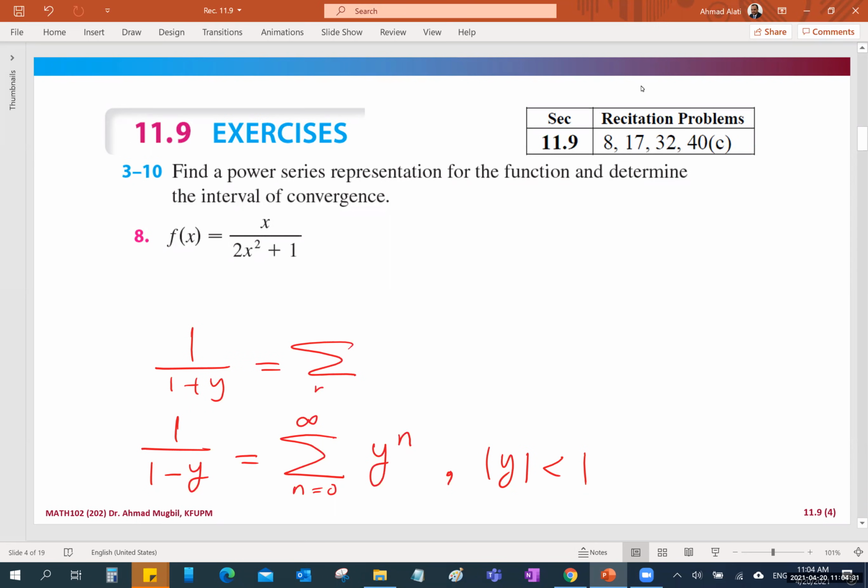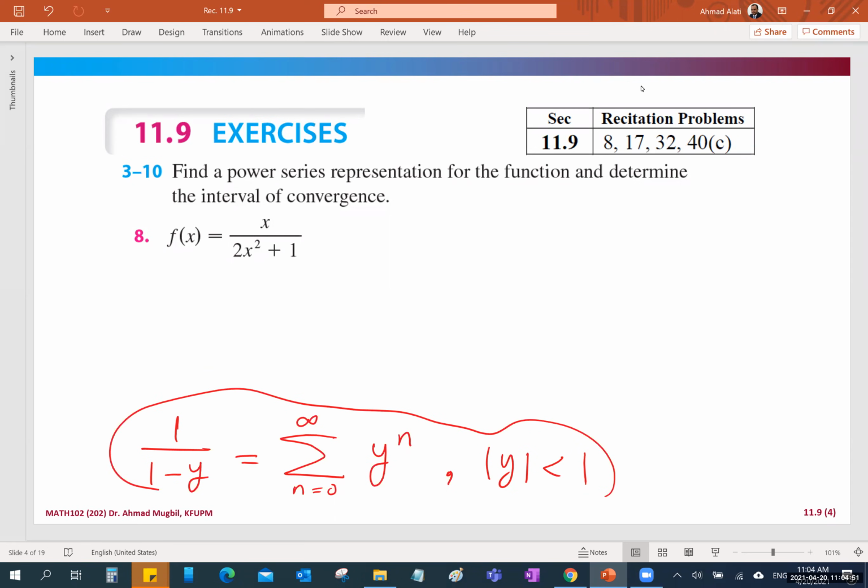As I showed you in the previous class, it will be negative 1 to the power n, y to the power n. The trick comes from replacing this plus by a negative, a double negative. So this is your tool, Shabab. Focus on this, and from this you can obtain all the others.